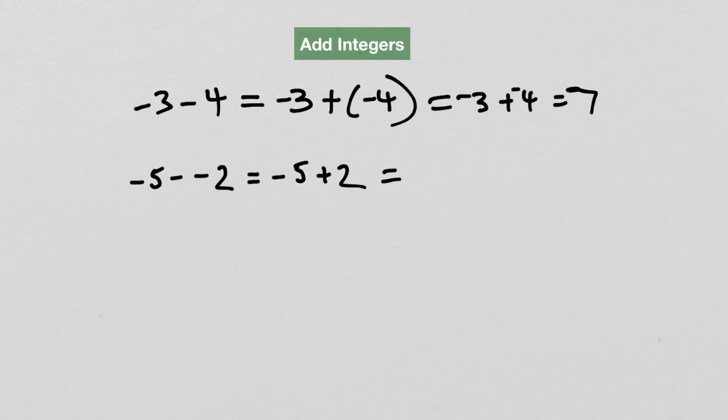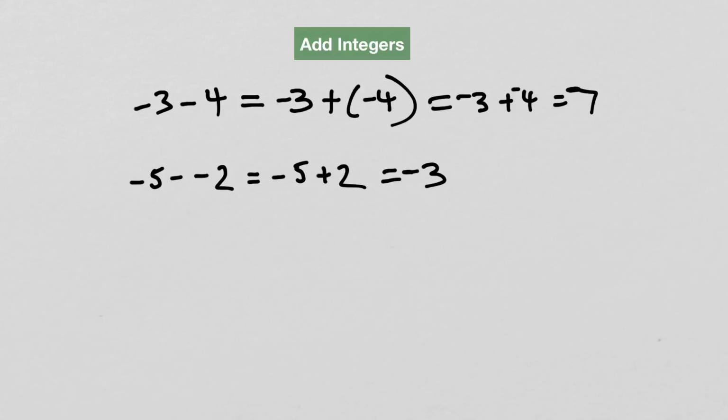Then we take the difference, because we have a negative term, which is a negative 5, and a positive term, which is a positive 2. When you have a negative and a positive, we take the difference, and that difference is 3, and then ask yourself, which is the larger term and what is the sign in front of it? The larger term here is 5, and the sign in front of 5 is a negative. Therefore, the answer has to have a negative.